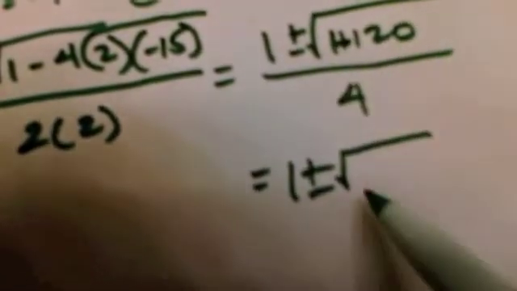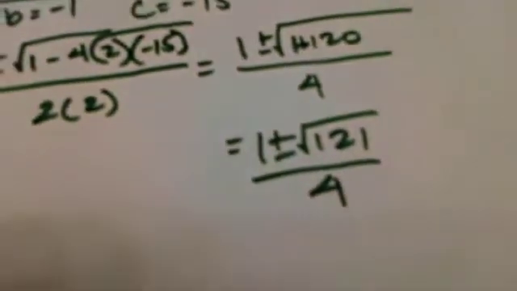Now we can rewrite this again: 1 plus or minus the square root of 1 plus 120, which is 121. This helps us out a lot because 121 is a perfect square. The square root of 121 is 11, so I can rewrite this as 1 plus or minus 11 over 4.